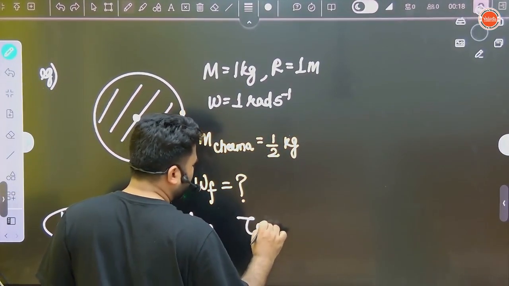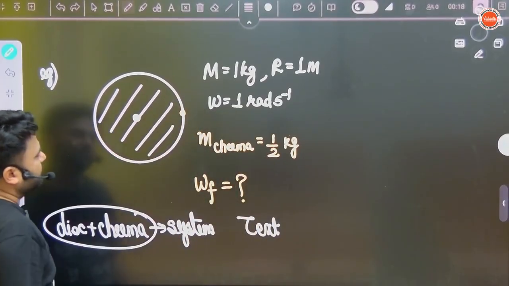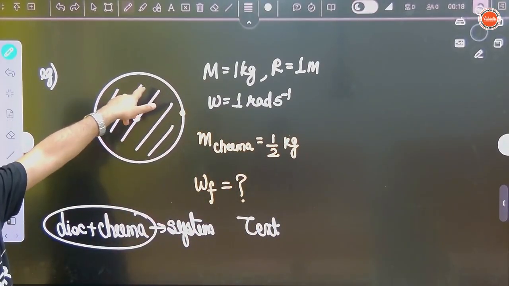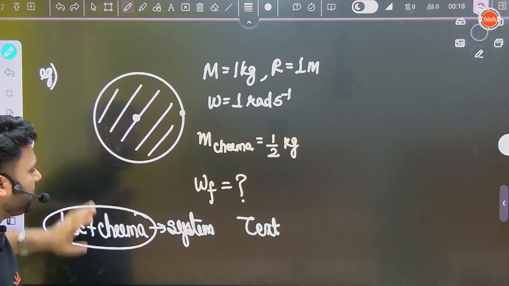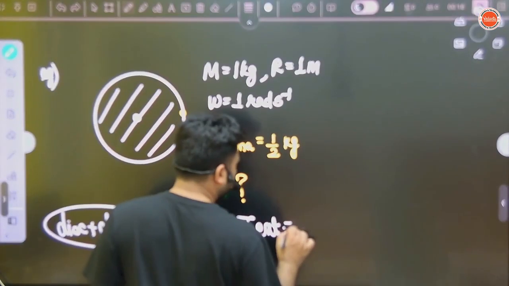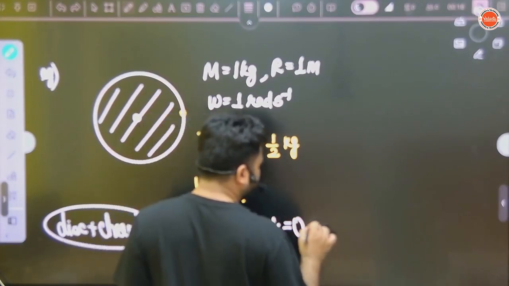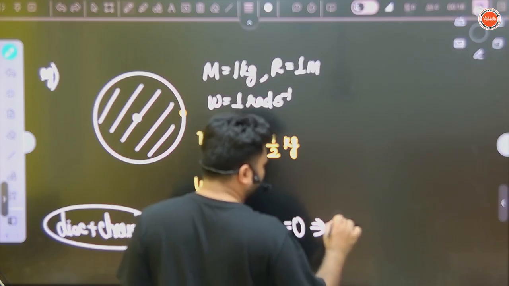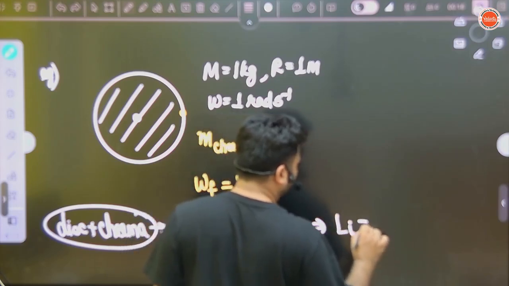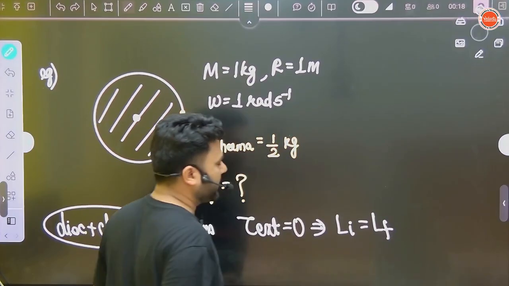No one is rotating this object. This object was initially rotating only. Now no one is rotating or stopping it. So external torque is 0. So if external torque is 0, what can I say? Total angular momentum initial equals total angular momentum final.